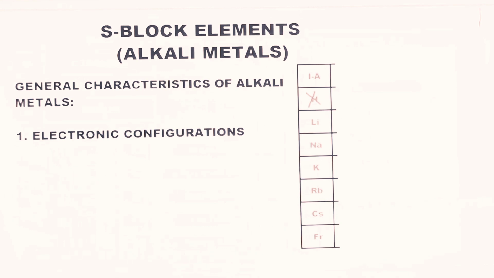The general electronic configuration of alkali metals is noble gas configuration, then ns1, where n is the principal quantum number.